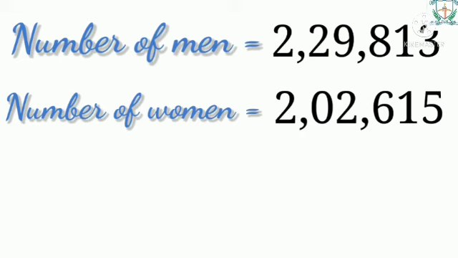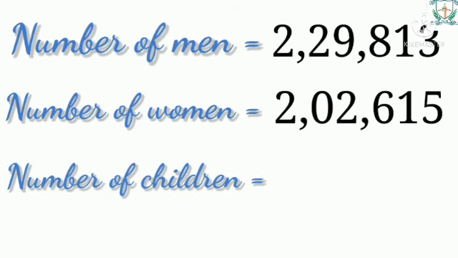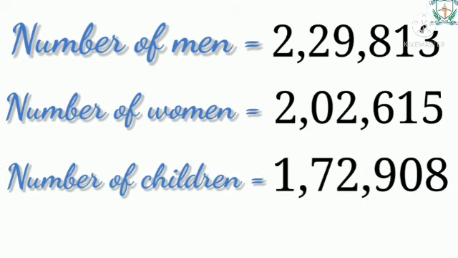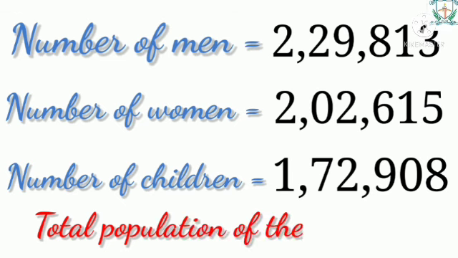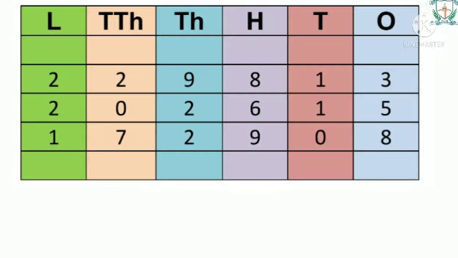The third statement would be number of children in a town. That is 1,72,908. To find the total population of the town, we need to add the numbers. Arrange the given numbers according to their places vertically and add.